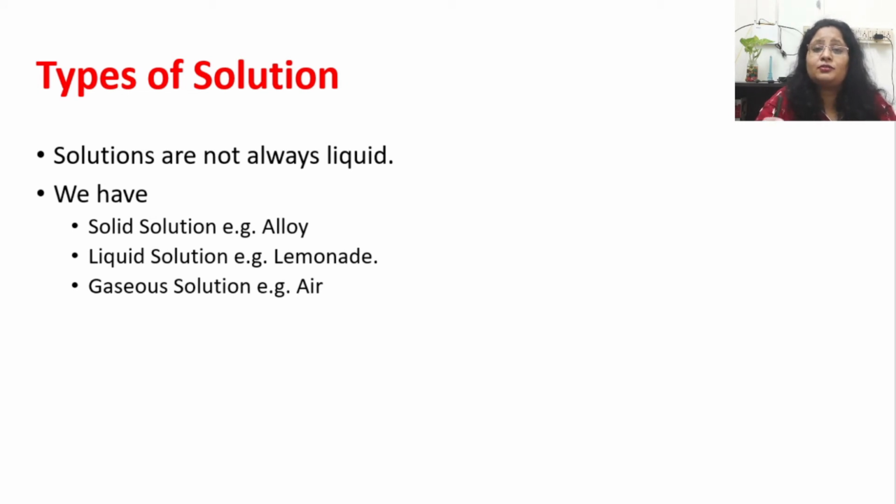For solid solution, we have the example of alloy. For liquid solution, we have the example of lemonade, and for gaseous solution, we have the example of air. So if somebody asks for an example of a solid solution, you can tell them alloys are a solid solution.